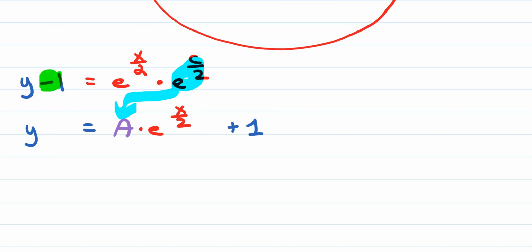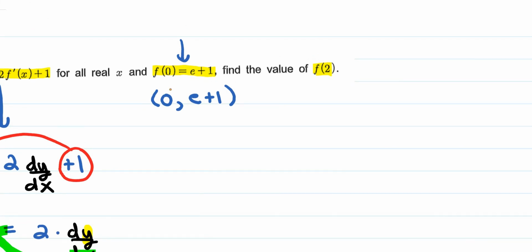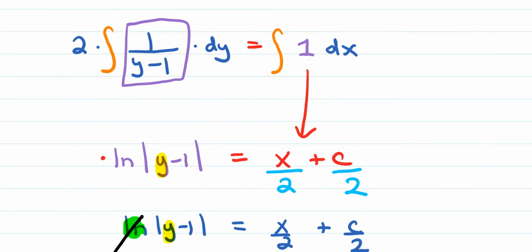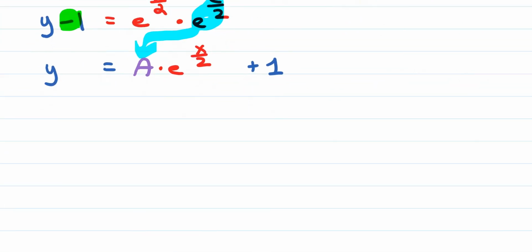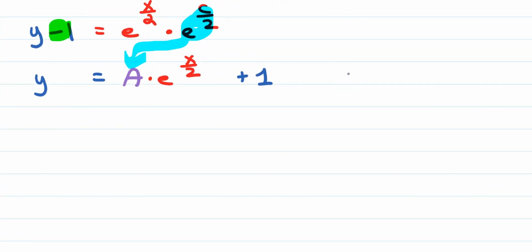In order to find the value of a, we need to go back to the original part of the problem here, and our coordinate is 0, e plus 1. Okay, so let's go back down to the bottom now. So my coordinate here is 0, e plus 1. Remember this is our x value and that is my y value.